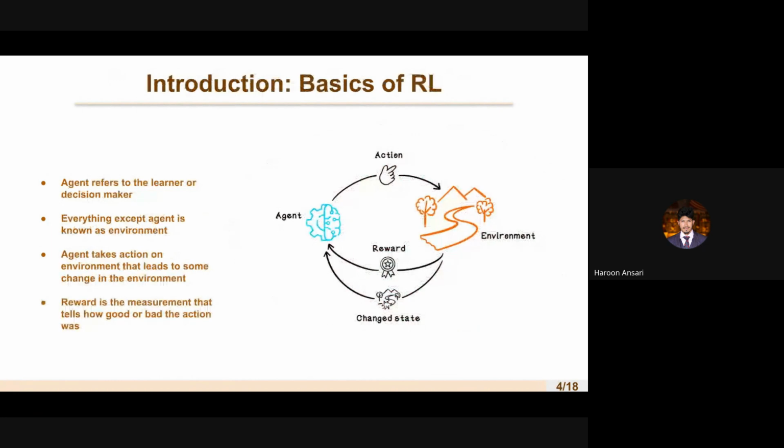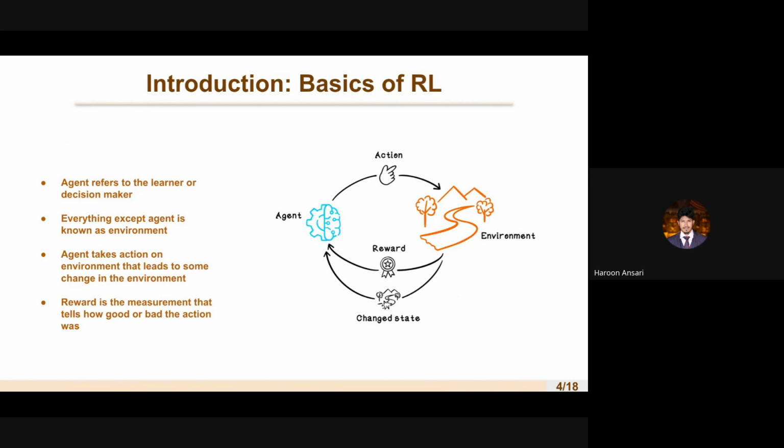Now, let's see what RL actually does. In this diagram, we can see there are different components: one is the agent, another is the environment, and there are action, reward, and state. Consider a system where we want the agent to learn a specific thing.